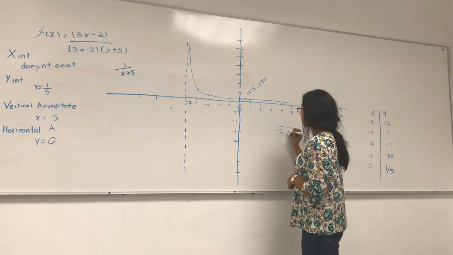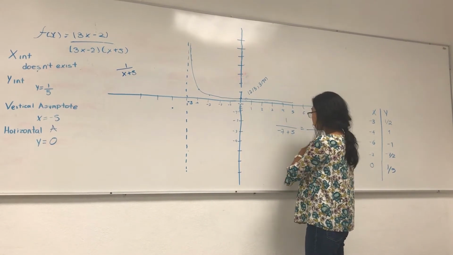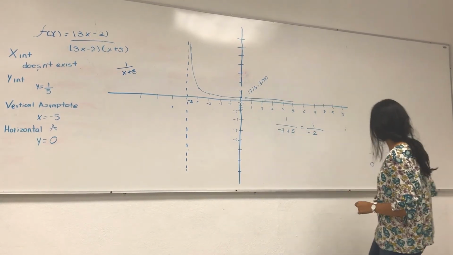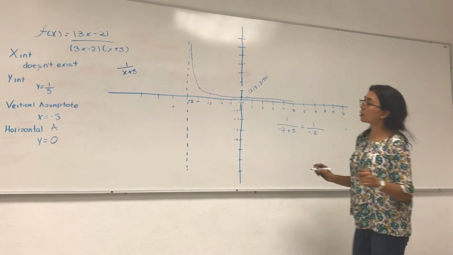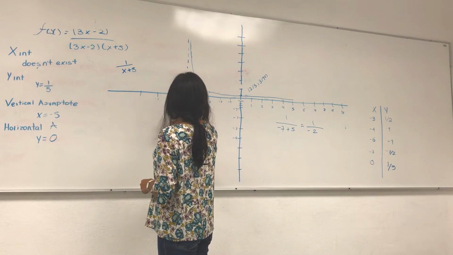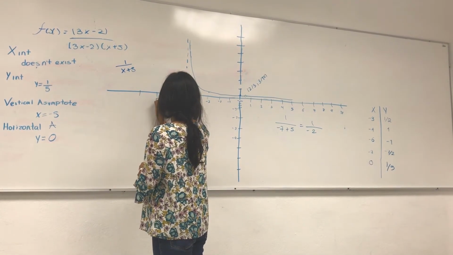Minus 7 plus 5. That's equal to minus 1/2. So we have minus 7 right here, and minus 1, something like here.